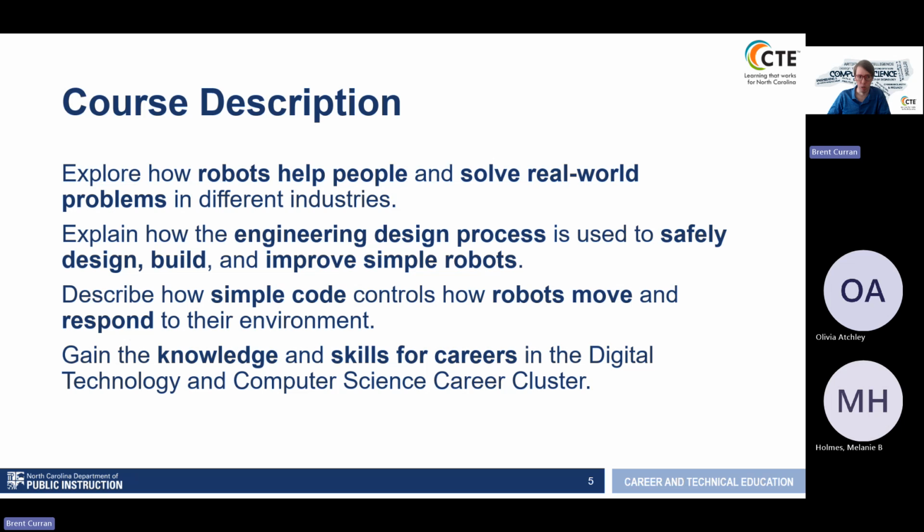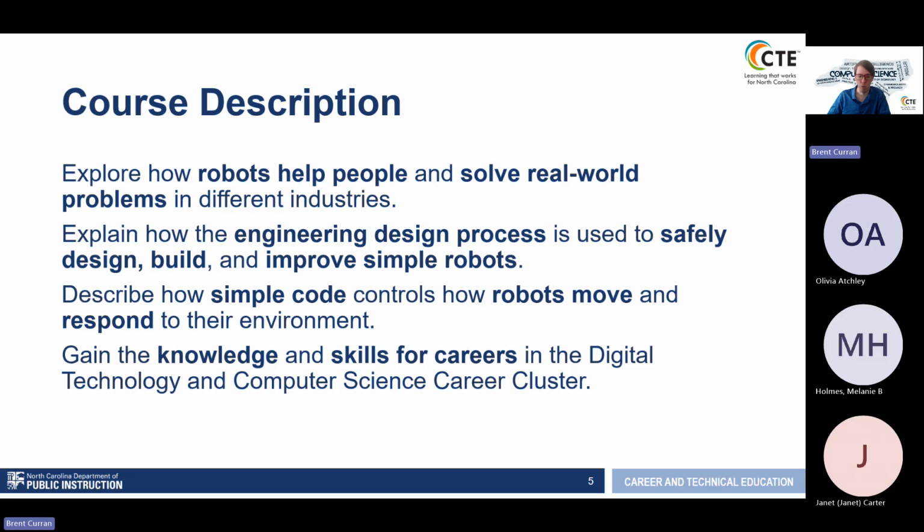They solve real world problems. They're going to use the engineering design process. They're going to safely build, design, and improve. They're going to do some simple coding. And then their robots are going to move and respond. And then in general, for middle grades, they're going to learn some knowledge, and they're going to gather some skills that can be used in future careers.